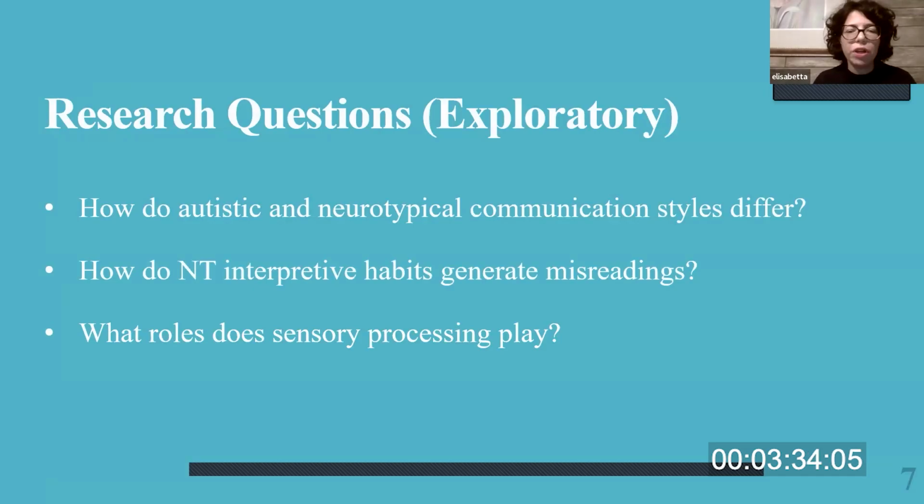Because an important thing I want to investigate is the relation between communication language, that is a very important part of communication, and sensory perception, because our hypothesis is that if we experience the world in a different way, we tend to communicate in a different way. It doesn't mean that this is a deficit, an issue, a problem, but it's just a different style.